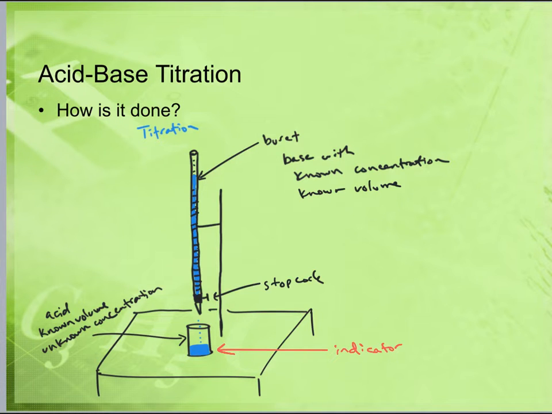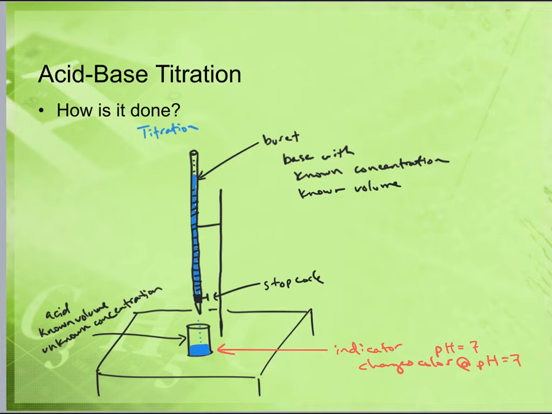Okay, so it changes color based on pH. So what we're looking for, this is done, at least if we want to neutralize it, when the pH is 7, since that's right in between an acid and a base.